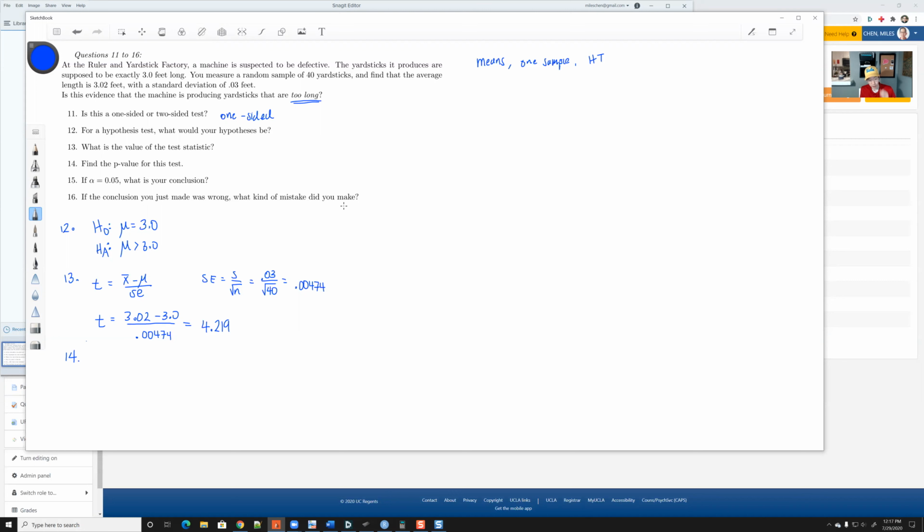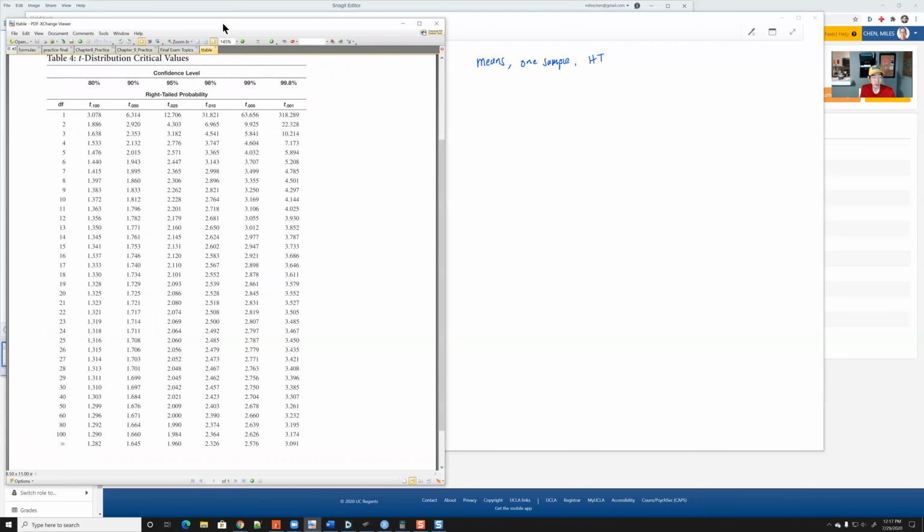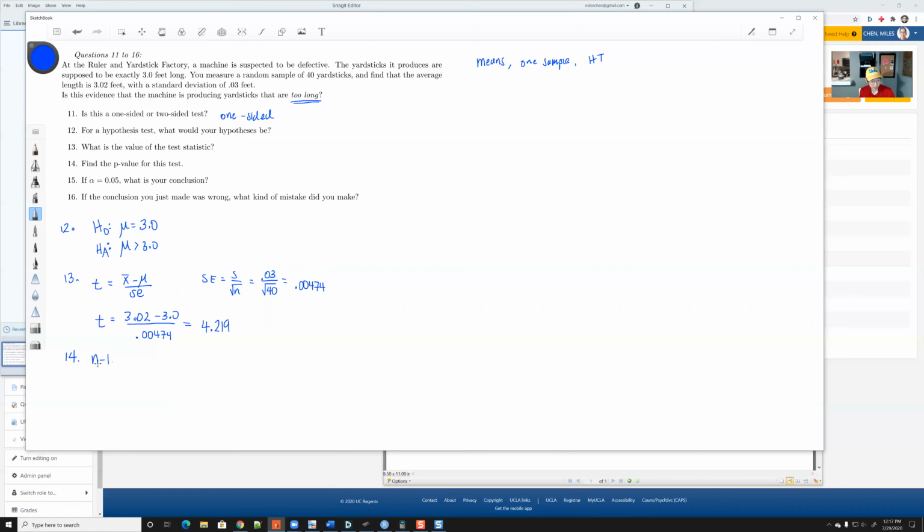So find the p-value. There's a couple ways I could do this, right? The answers that I'm going to provide will align with basically what happens if you use the table, but if you don't want to use the table, you can look it up in R as well, okay? We have n minus 1 degrees of freedom.